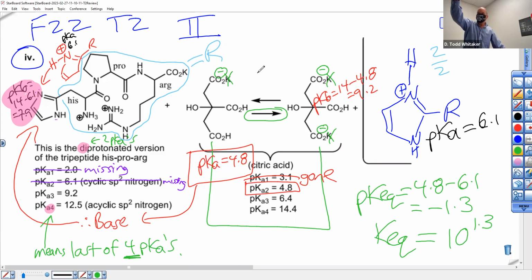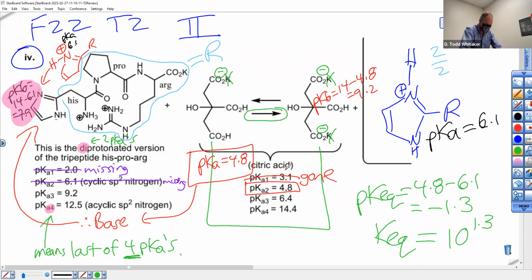Yes, sir. So for the first citric acid, you reiterate how you know that pKa 4.8? No, you have to know that there's an H missing up here. Yeah, and there's 4 H's possible. 1, 2, if you put the H there is 3, and the H here is 4. That's 4. So I gave you all of them. So since there's one missing, you cross the first one. Well, if you've got a spectator ion, it took the place of an H plus, right? K plus takes the place of H plus, right?